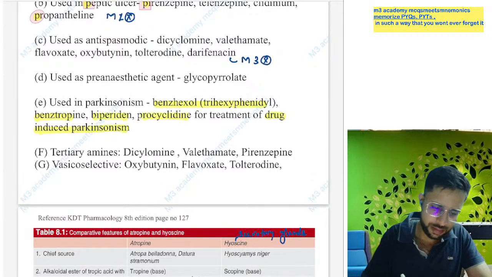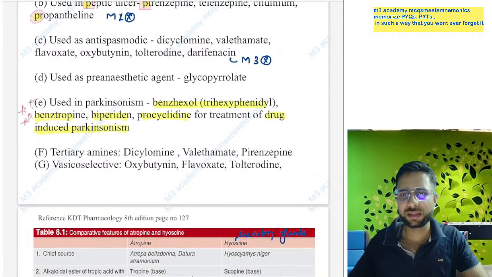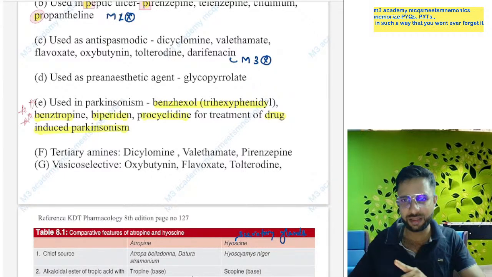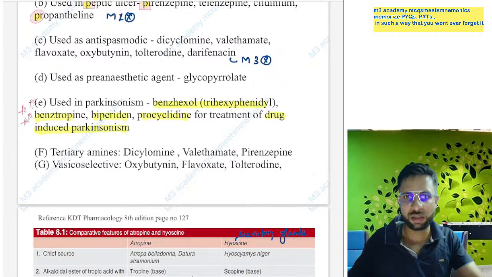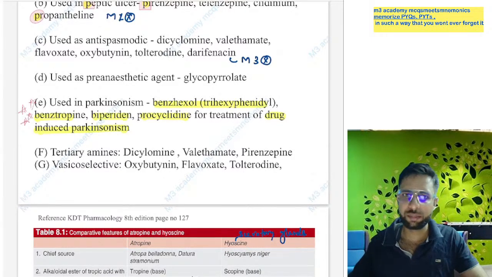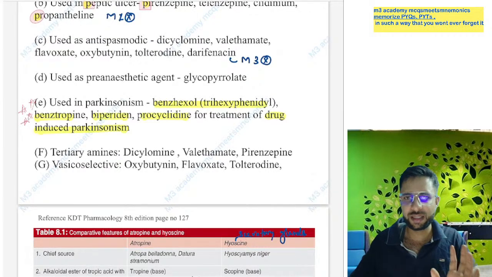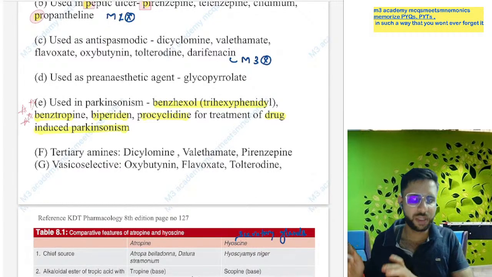These drugs are very important. Every year there is a question on these centrally acting anticholinergic anti-Parkinson drugs. Please remember the names of these drugs: benzhexol, trihexyphenidyl, benztropine, biperiden, procyclidine. And we must give this drug with the antipsychotic to avoid drug-induced Parkinsonism.